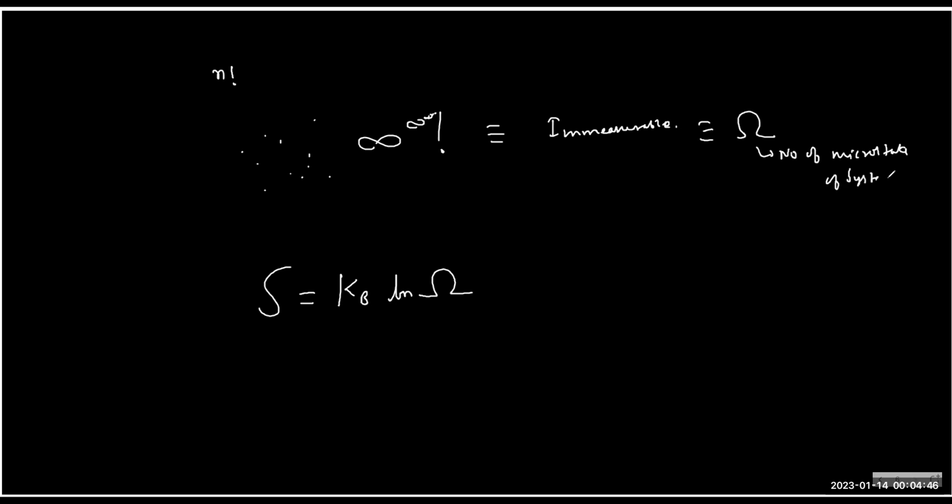No. Because measurement of entropy means we have to first count the different microstates, and entropy is given by Boltzmann by the relation S equals k_B ln omega. Omega is the number of microstates of a system. So for a small system, this is interesting.